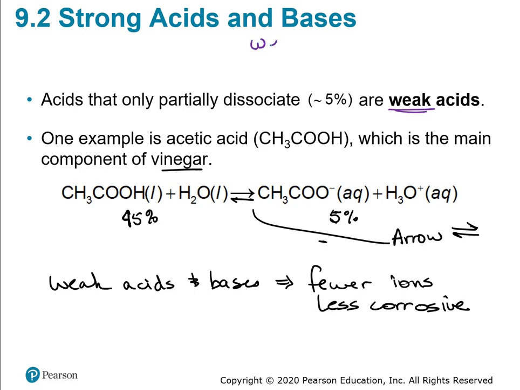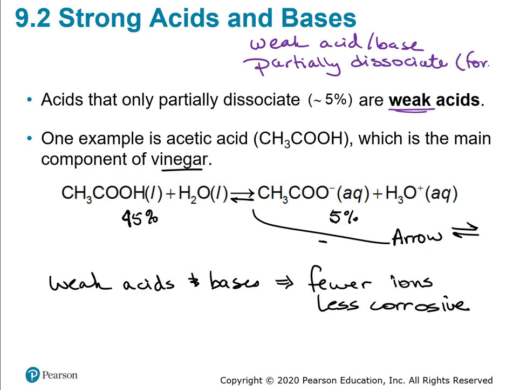If it is a weak acid or base, they only partially form ions, and the word they use is dissociate, which really just means it forms ions, but it only does this a little bit.